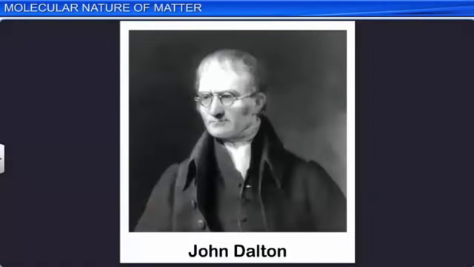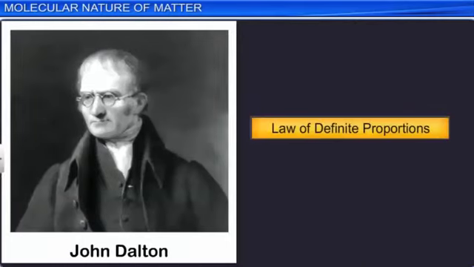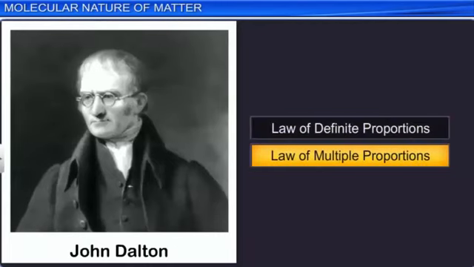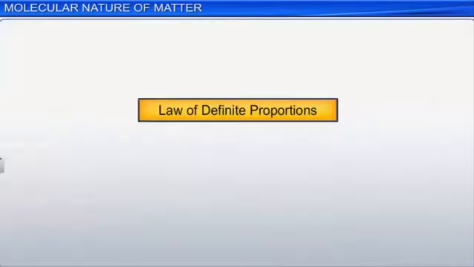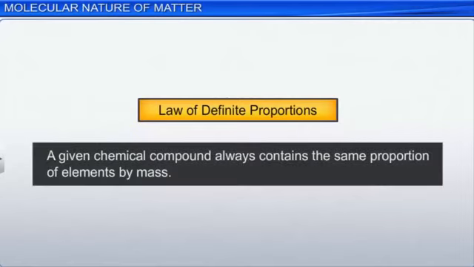In fact, Dalton had proposed atomic theory to explain the law of definite proportions and the law of multiple proportions, which are obeyed by elements when they combine to form compounds. The law of definite proportions states a given compound always contains the same proportion of elements by mass.